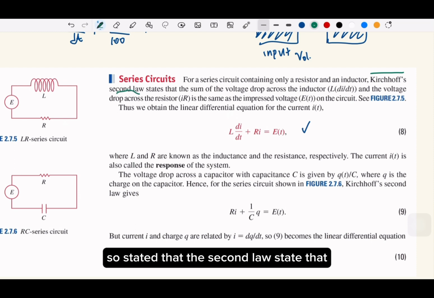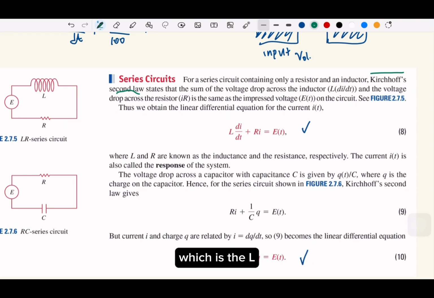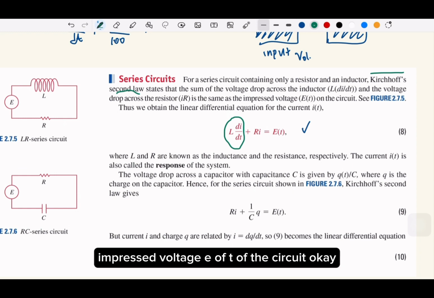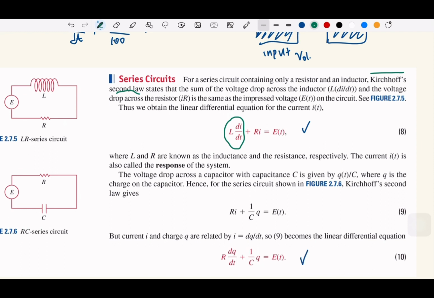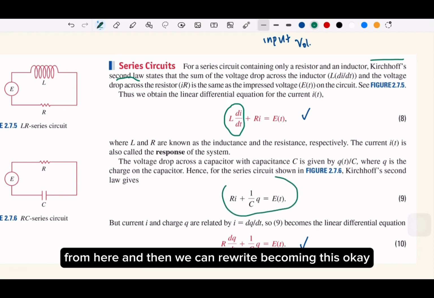The second law states that the sum of the voltage drop across the inductor, which is L di/dt, and the voltage drop across the resistor is the same as the impressed voltage E(t) of the circuit. Okay, and then from here we can rewrite it becoming this.